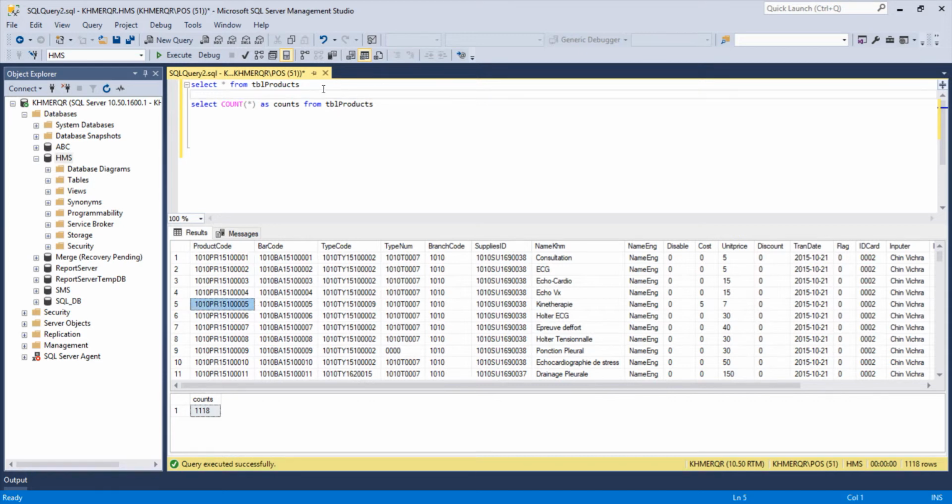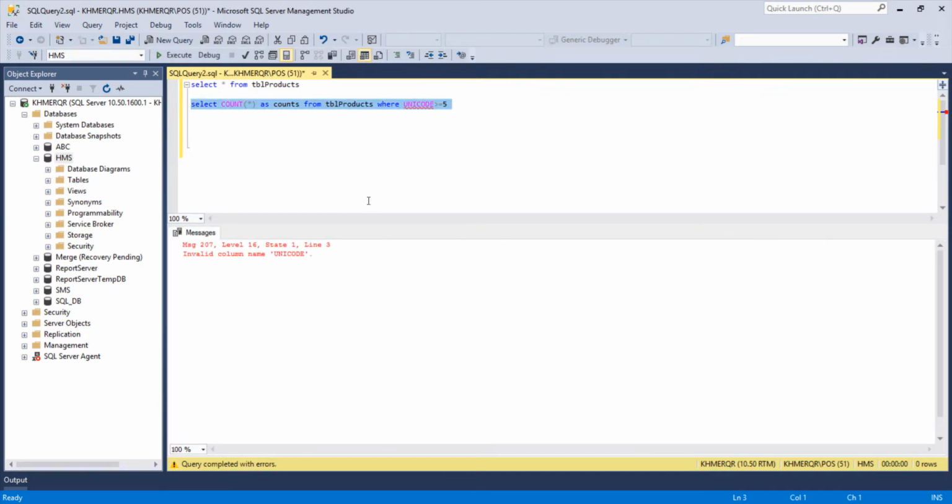How many rows there are, for example, if we put a condition, where unit price is bigger than or equal to 5.